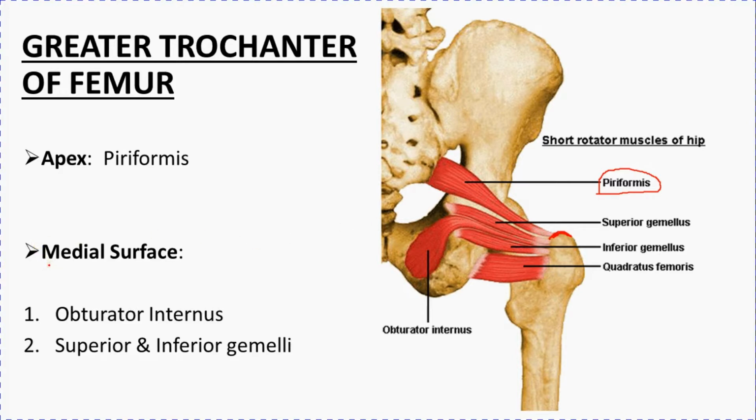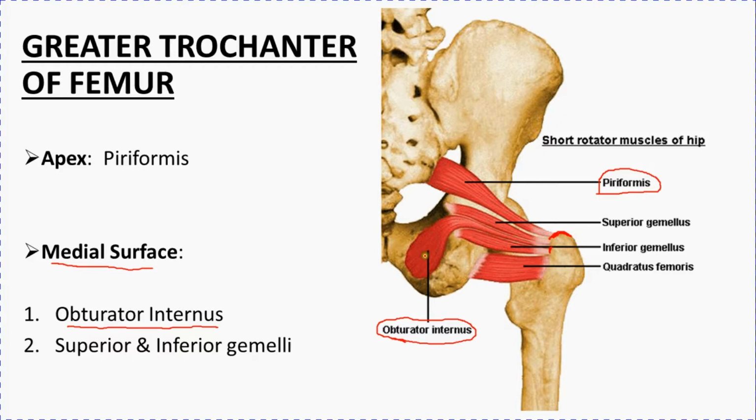We said greater trochanter has a medial surface. The medial surface gives attachment to the obturator internus muscle. Now look into the figure. This is obturator internus muscle and it is attached on the medial surface of the greater trochanter of femur.